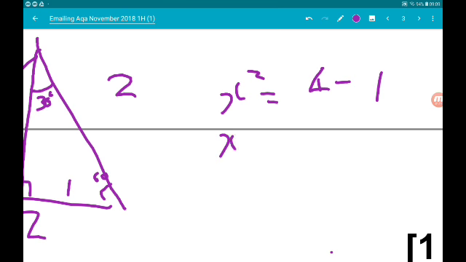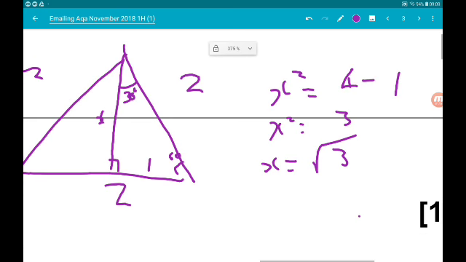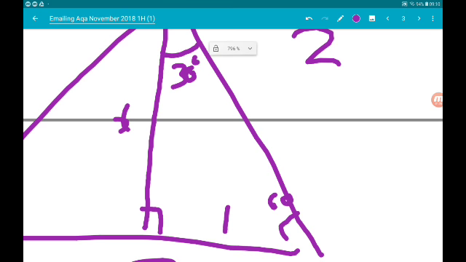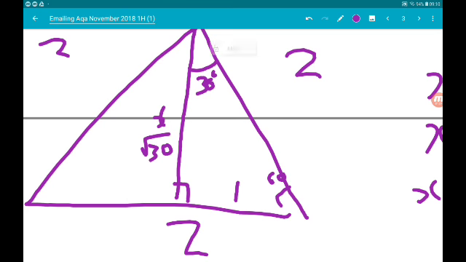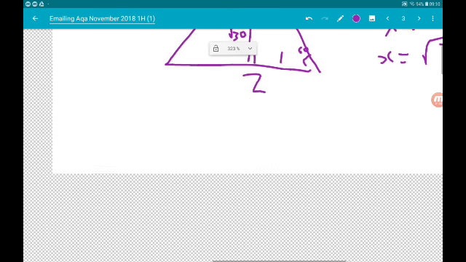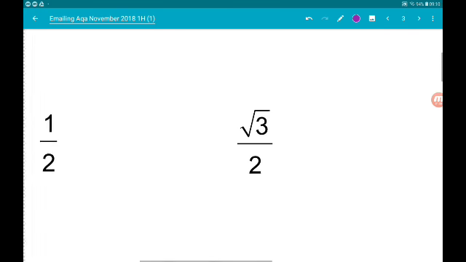So x squared is 3, x is root 3. Then cos of 30, remember, cos is adjacent over hypotenuse, so we've got root 3 over 2. Cool.